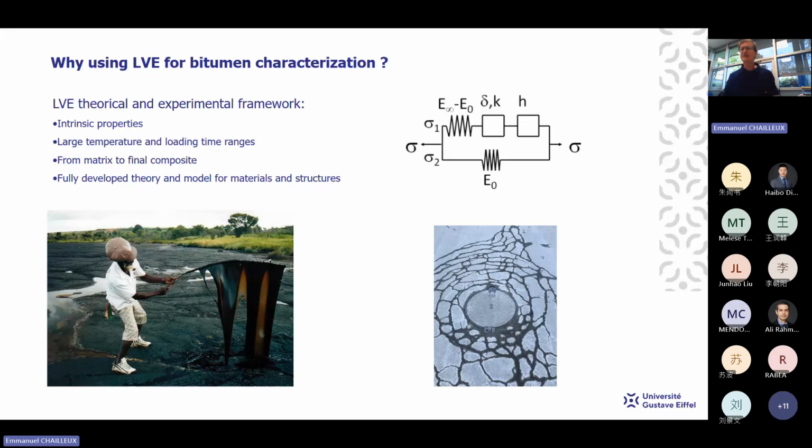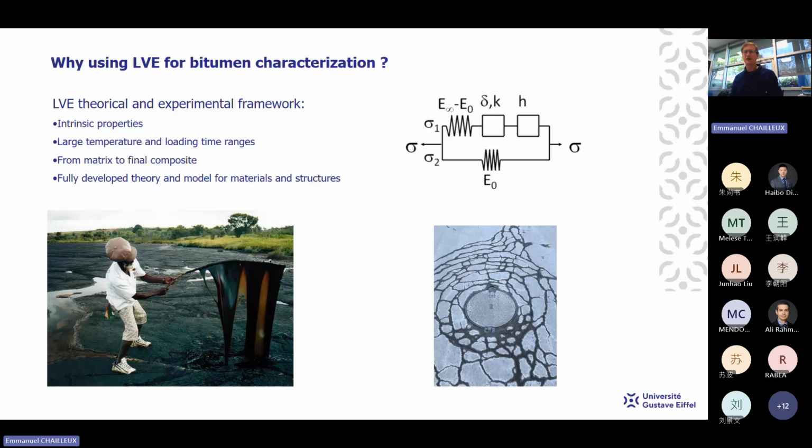The linear viscoelastic experimental framework allows us to characterize and model a material over a large range of temperatures and loading times, which is very useful to be linked to the field. We can also use this theoretical and experimental framework from the matrix, from the bitumen, to the final composite, the mix, and also the structure.